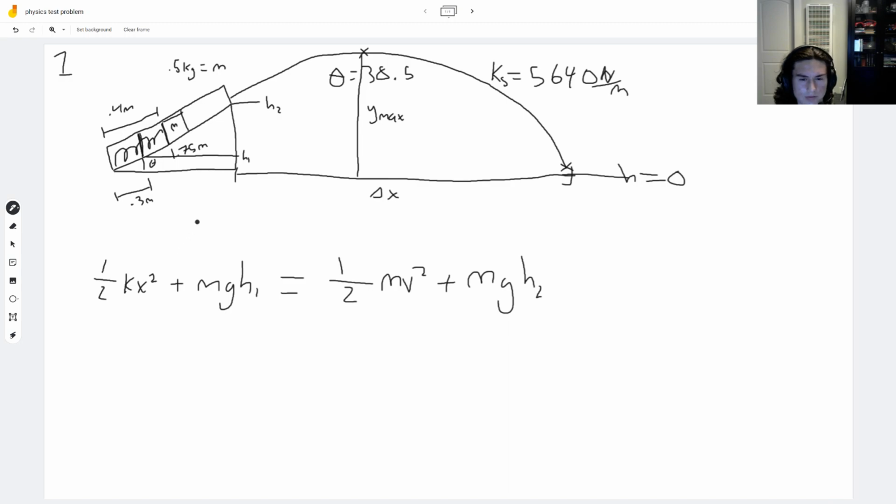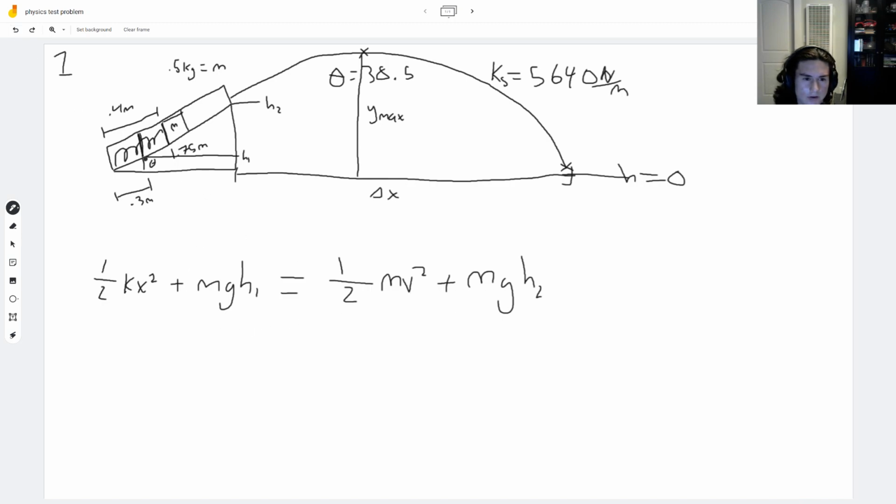You might be wondering how we find height 2. We have the distance that's compressed, so we just have to do a little bit of math. We have the mass, we have gravity, we don't have height 1, and we're looking for velocity. So we want to figure out what height 1 and height 2 are.